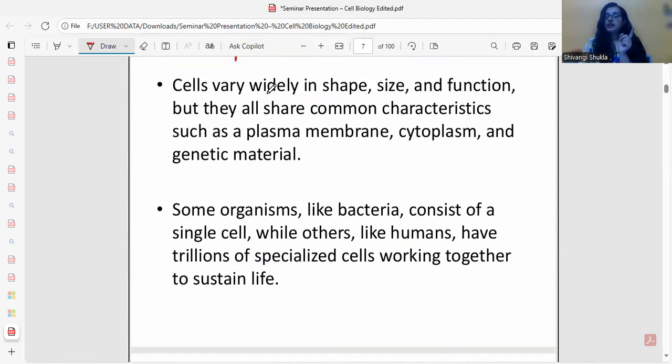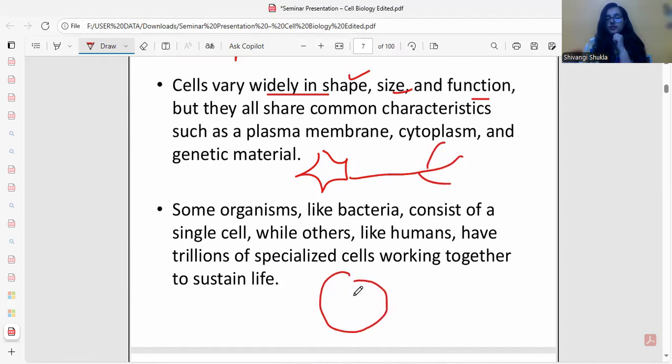Cells are different in shape, size, and function. And it is very surprising to know that all the cells have different shapes so that they can perform different functions. For example, we have a neuron, which has a branched shape like this. Then we have an ovum, which is an ovoid cell. Then we have an RBC, which is a biconcave shape.